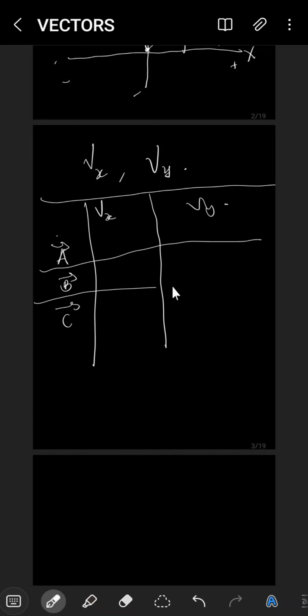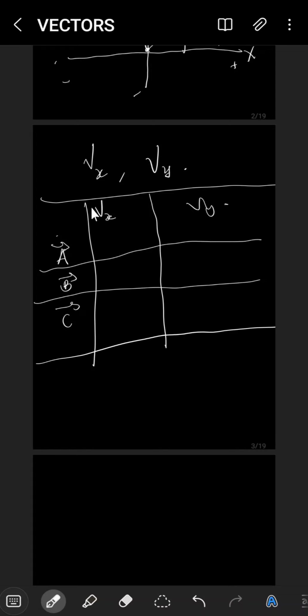What does that mean? We'll say vector A, vector B, vector C. We'll make a table, where each has its own Vx and Vy.